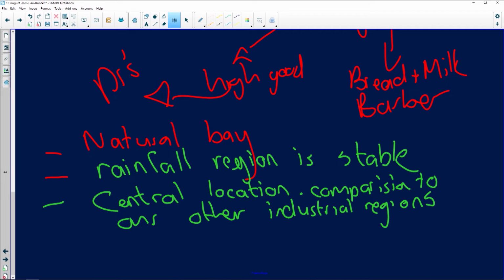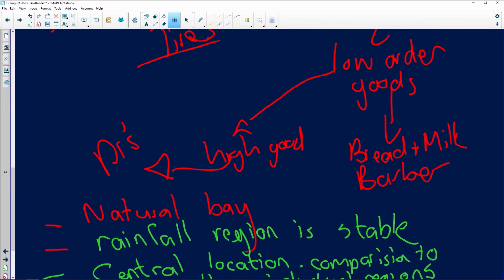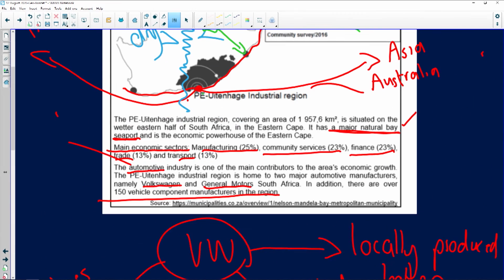Okay, and we can also mention it's a huge area. There's enough open land. Okay, so that was our question: why was it naturally a good area for the industrial region? So we looked at that.